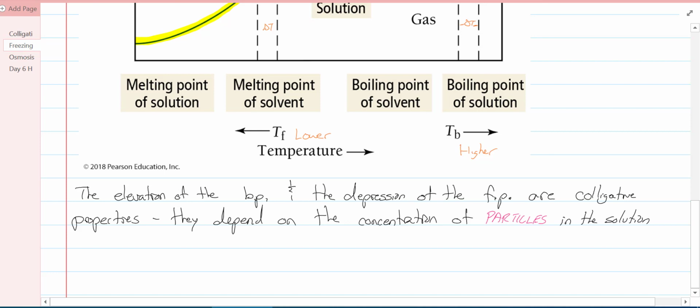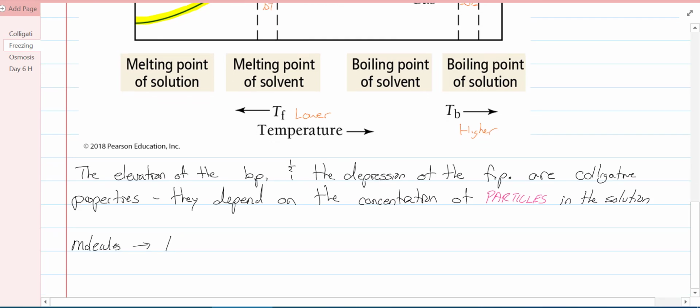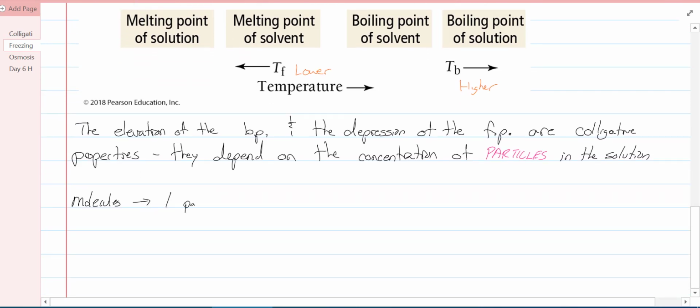Alright, so the number of particles really matters. So molecules have one particle. Something like sodium chloride has two particles, sodium ion and chloride ion, which is two particles.